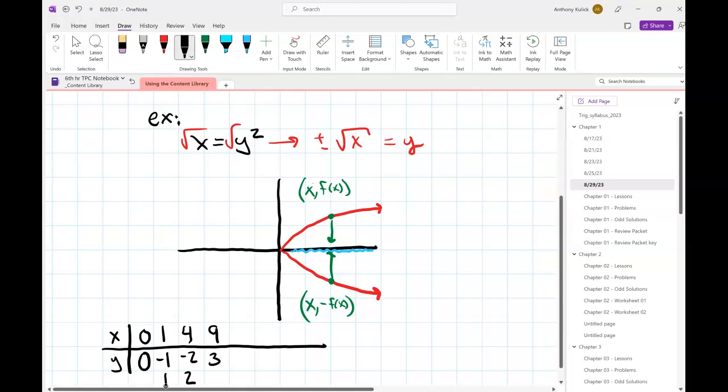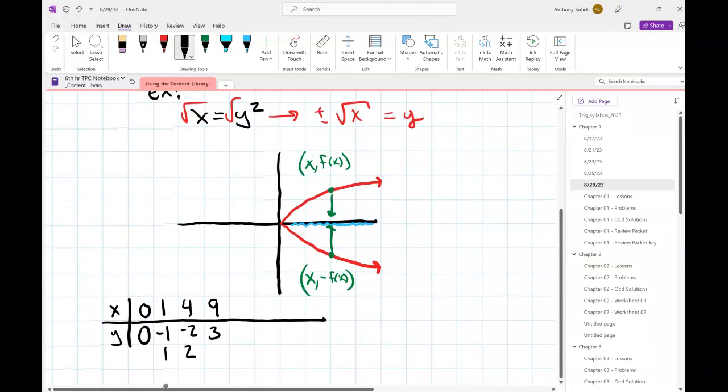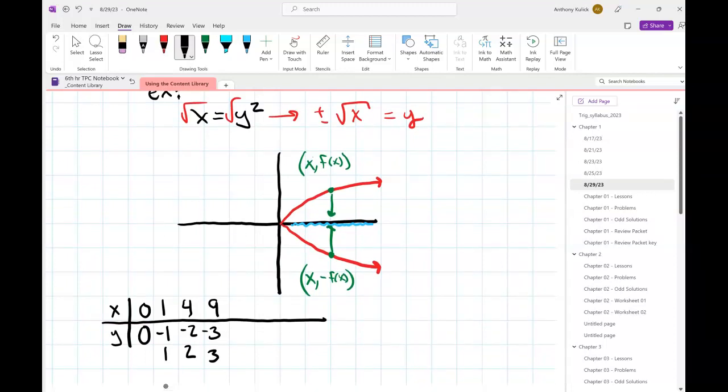If x was 9, we'd have negative 3 and positive 3 for y's. Is everybody okay with me doing a double column, or two values in the y column for this situation? Since for every x other than 0, we're getting a positive y coordinate and a negative y coordinate for that x, just like we drew our picture here above.